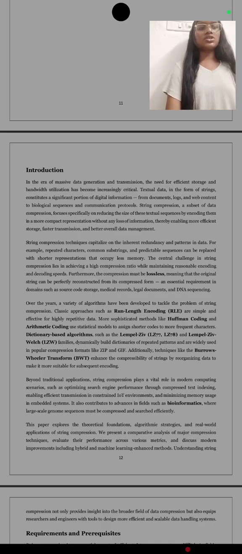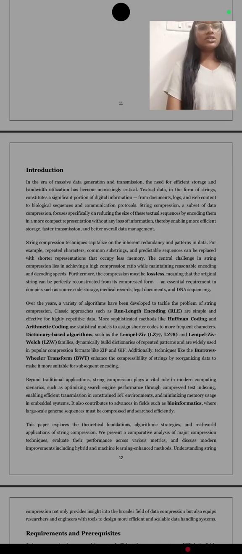Dictionary-based algorithms such as the Lempel-Ziv and Lempel-Ziv-Welch families dynamically build dictionaries of repeated patterns and are widely used in popular compression formats like ZIP and GIF. Additionally, techniques like the Burrows-Wheeler transform, also known as BWT, enhance the compressibility of strings by reorganizing data to make it more suitable for subsequent encoding.